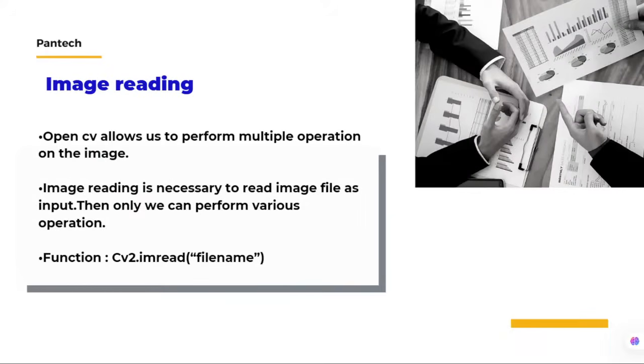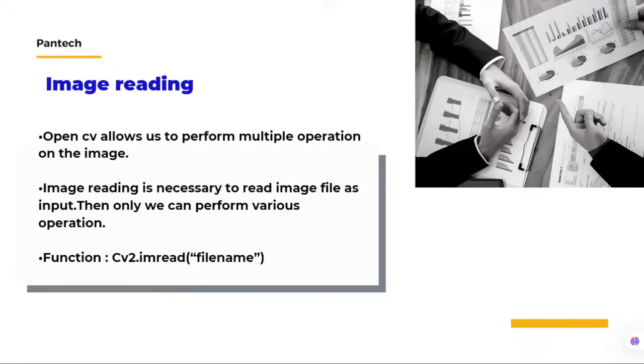The first concept is image reading. OpenCV allows us to perform multiple operations on the image, and image reading is necessary to read the image file as an input. Only then can we perform the various operations.